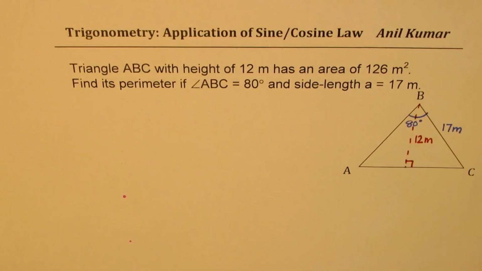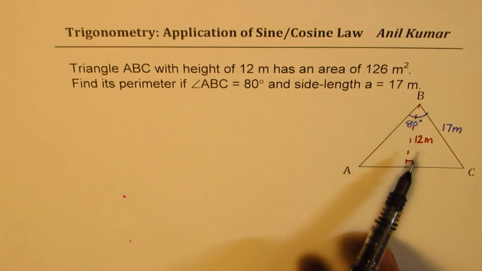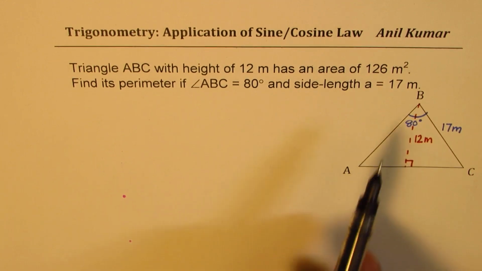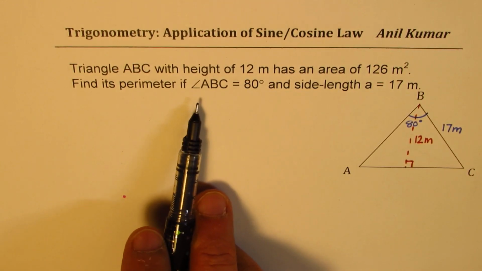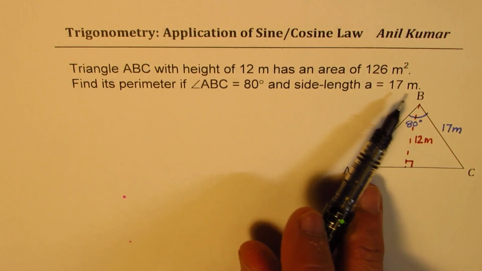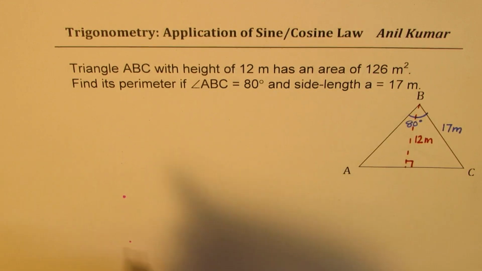Okay, so let's move on and take up the next question, which is triangle ABC with height 12 meters has an area of 126 meters squared. Find the perimeter if angle ABC is 80 degrees and side length A is 17. So we can find AC from the area, correct?